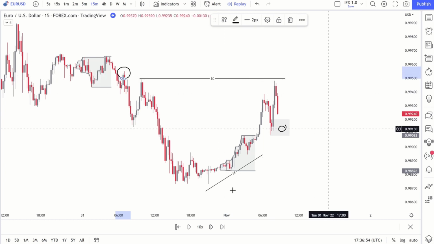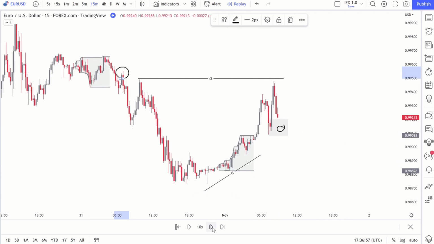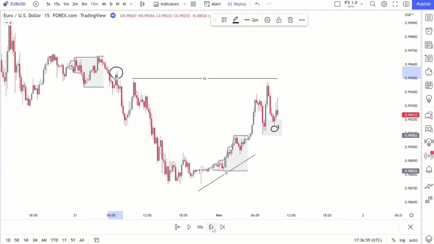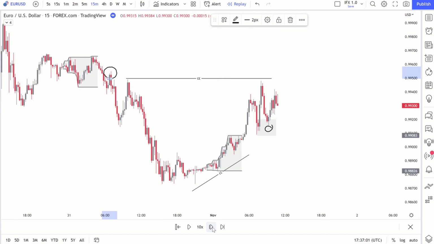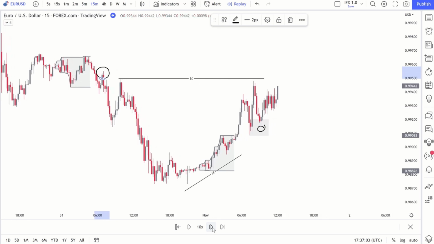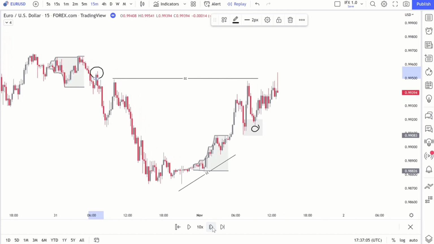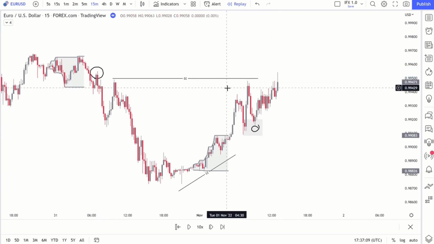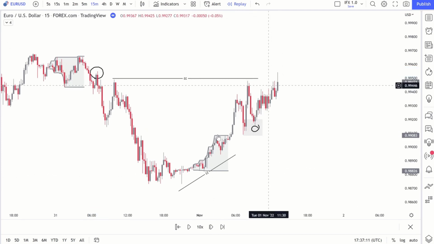So once we get into this, let's say you get tagged in, look how price takes out that liquidity. We take out that liquidity, we can clearly see that sweep.